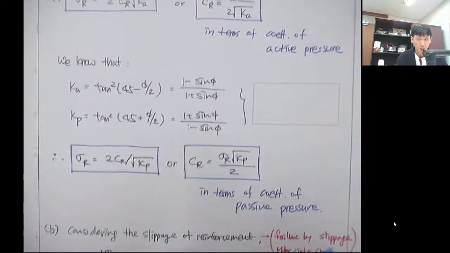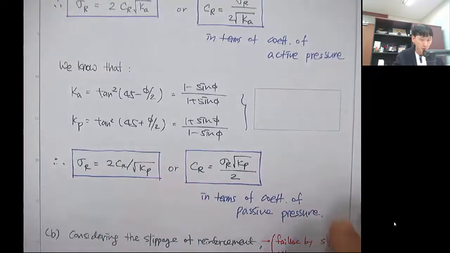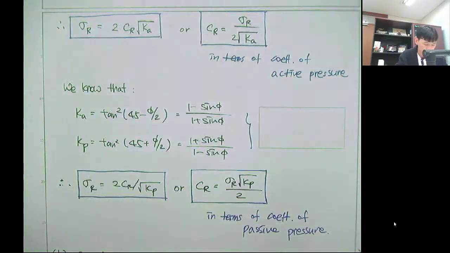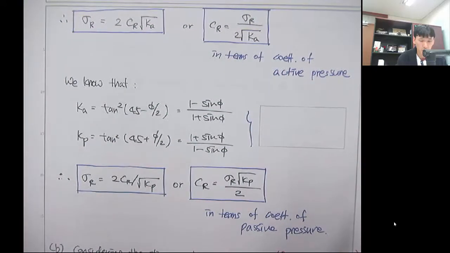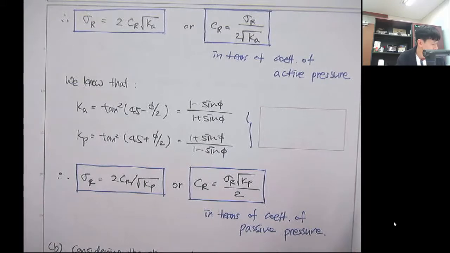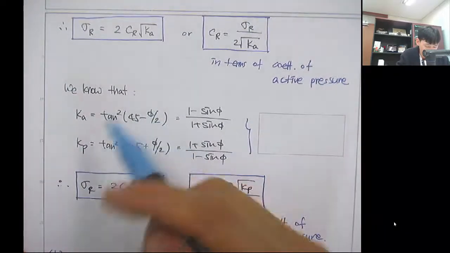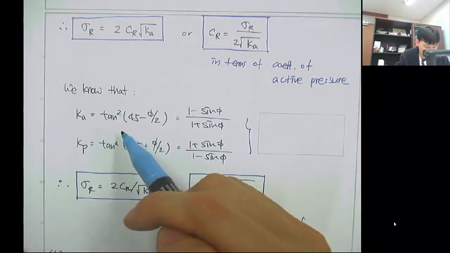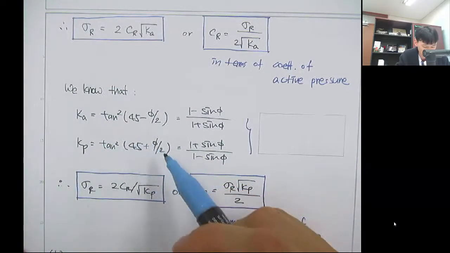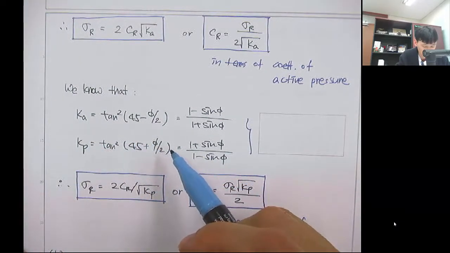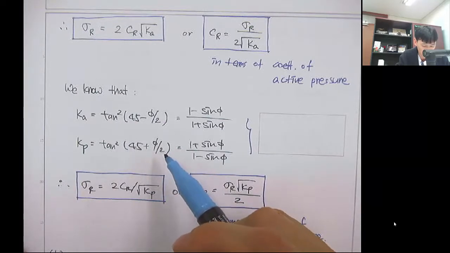And we can express this sigma r in terms of the Kp, the passive lateral pressure coefficient. So Ka and Kp are defined as follows: tangent squared of 45 minus phi over 2, or 45 plus phi over 2.